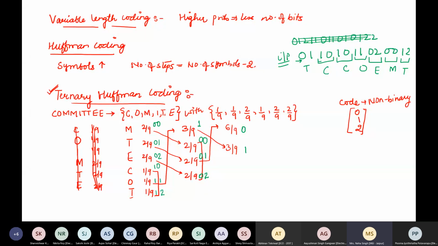Okay. Another option for variable length coding is Shannon-Fano coding. Shannon-Fano coding also works in a similar way, but again it gives me variable codes.